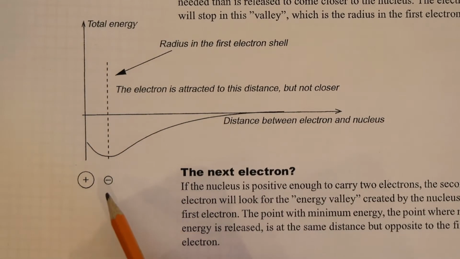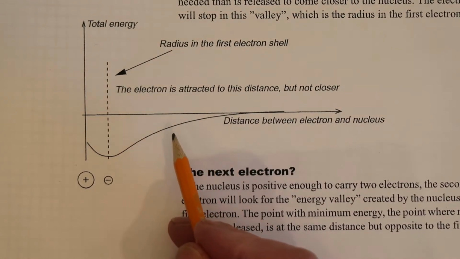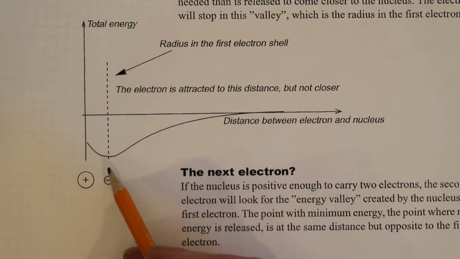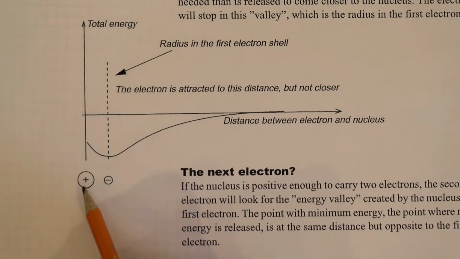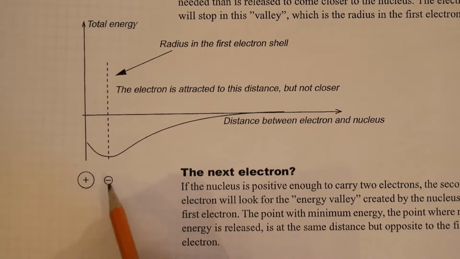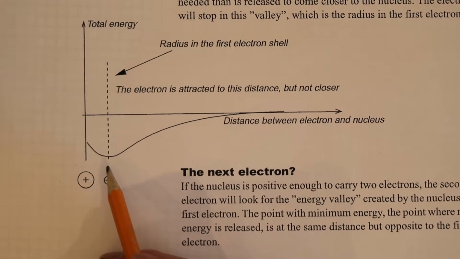The electron is drawn to the nucleus, energy is released, but at a certain distance you need to add energy to get the electron closer to the nucleus, because then the total energy is larger than this. This is the point of minimum energy.